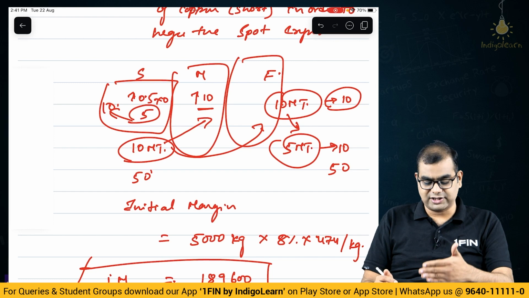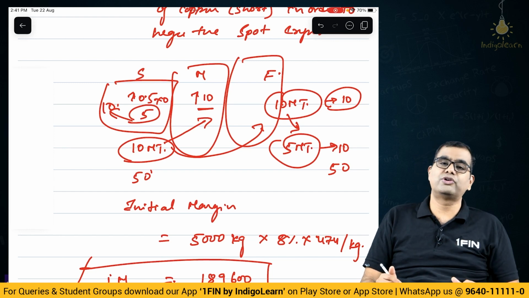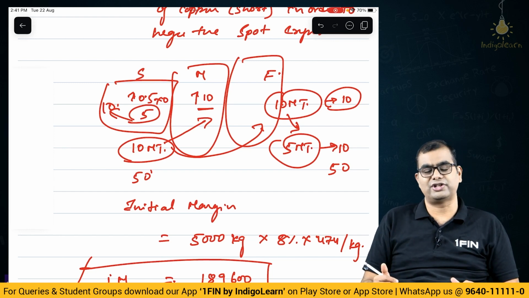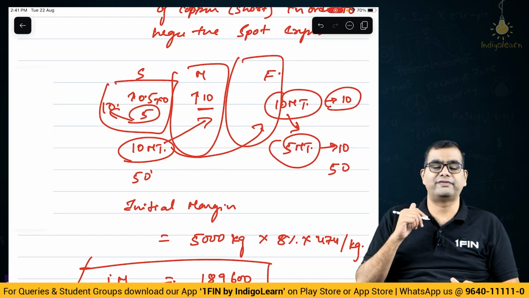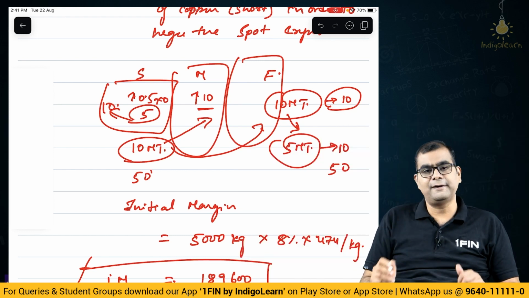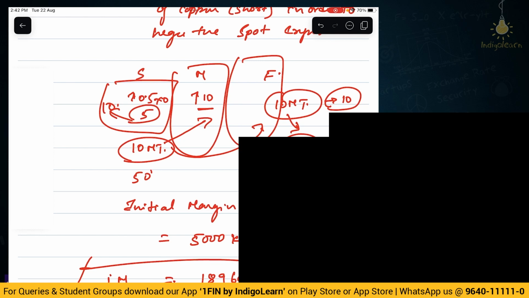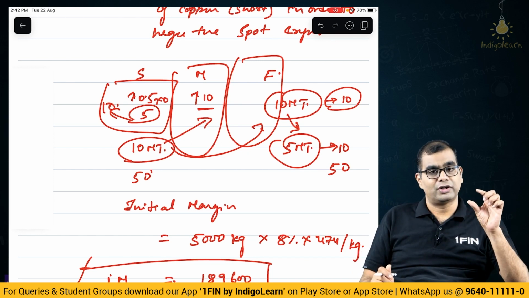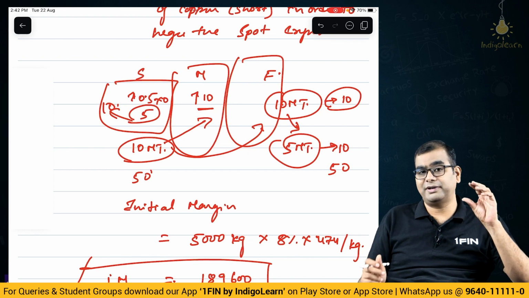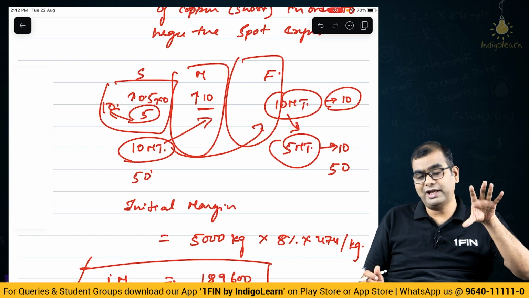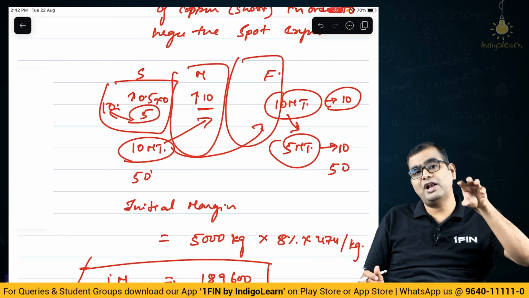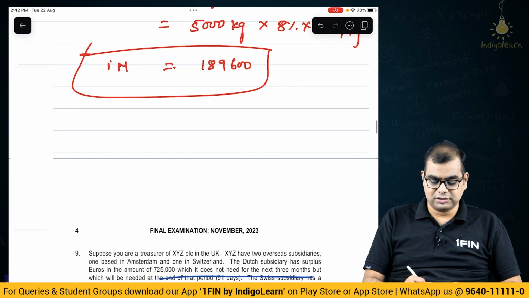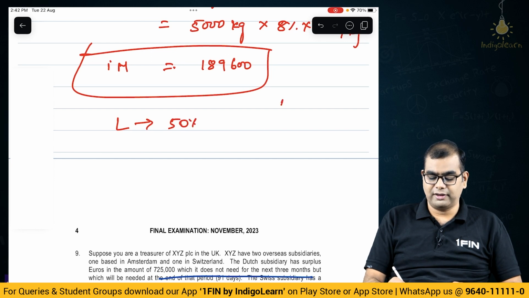The other place where students can get confused is how I should use the hedge ratio. Should I do 10 by 0.5 or 10 into 0.5? You should do 10 into 0.5, simple reason. If the market moves up by, let's say, 100%, my spot will move up only by 50%. I am talking about the original long. So, the long is moving up by 50% for a market which is moving up by 100%.